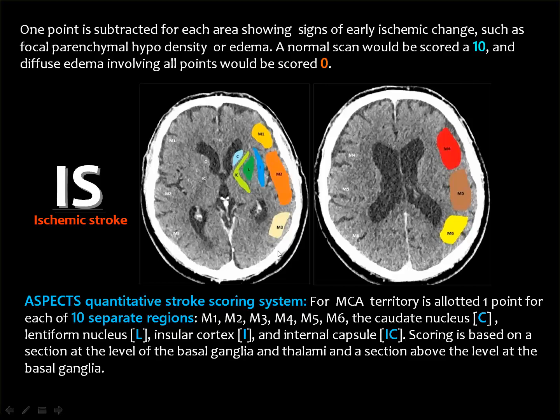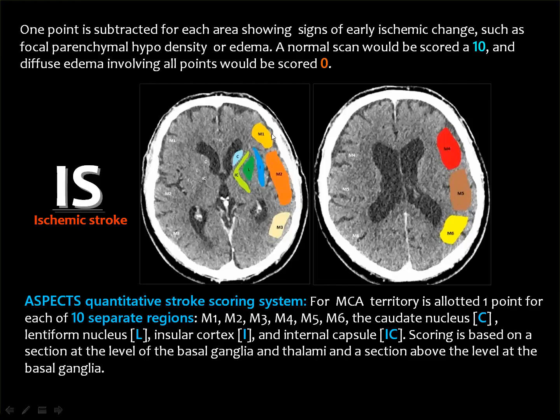The ASPECTS score gives a number or a unit for each part of the brain. And you remember this level is the level of the basal ganglia, where you can see the third ventricle. On the surface of the brain, you have 3 zones. Above this level, you have another 3 zones.